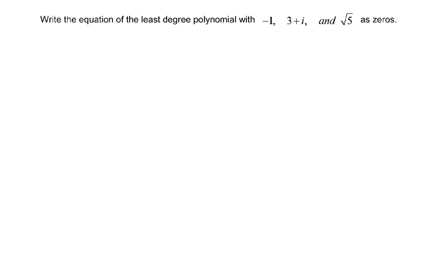So, one thing we know is that complex and irrational zeros must occur as conjugate pairs. So the zeros that we are given, well, we're given x equals -1. We're given x equals 3 plus i. And 3 plus i is complex.